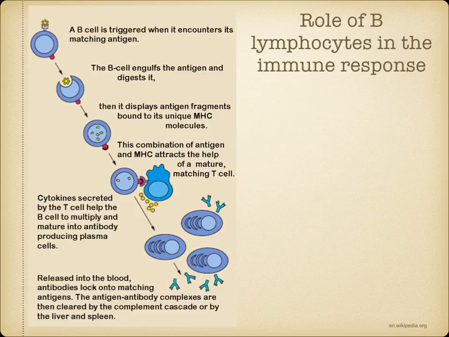Okay, let's have a look at the role of B lymphocytes in the immune system or the immune response. So here's a lovely diagram to show you the role of the B lymphocytes. The invading pathogen produces antigens that are taken up by both the B lymphocytes and macrophage cells. So you can't see the macrophage cells in this diagram here.